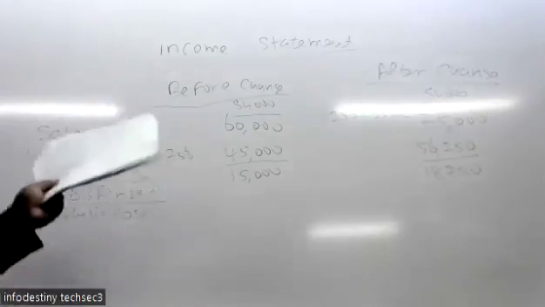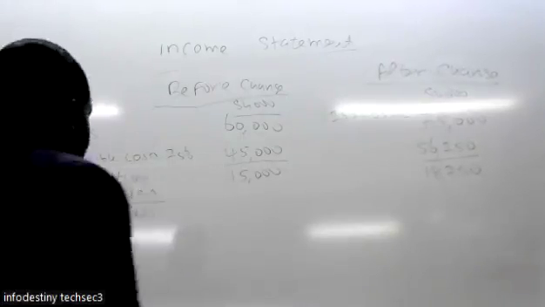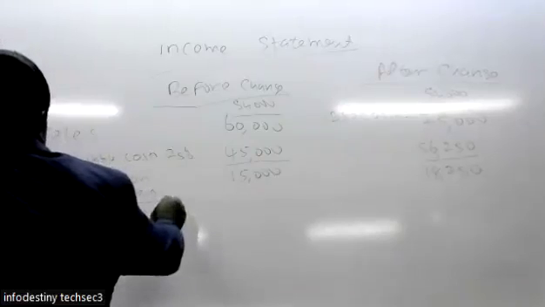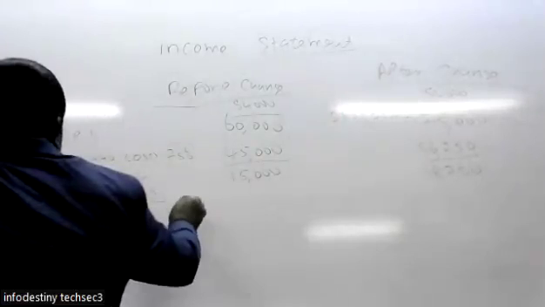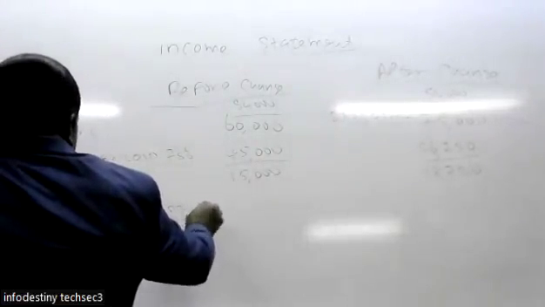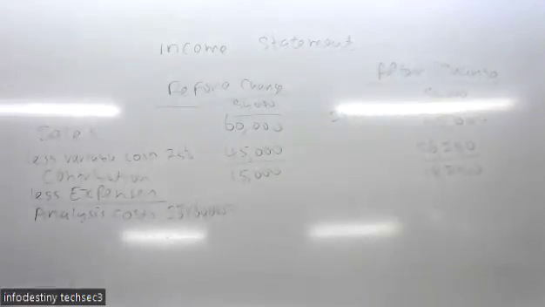Here we assume all the sales are on credit. So for the first one, simply get 2% of the 60 million. What is 2% of the 60 million?